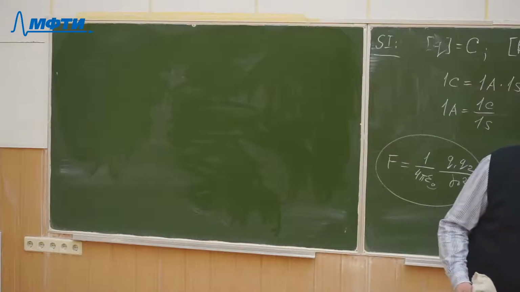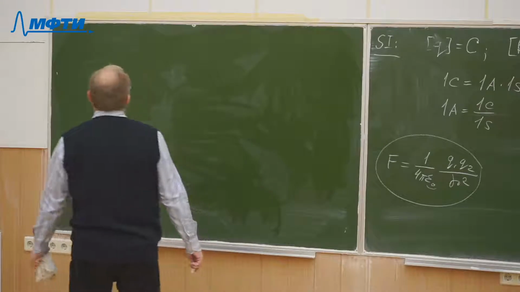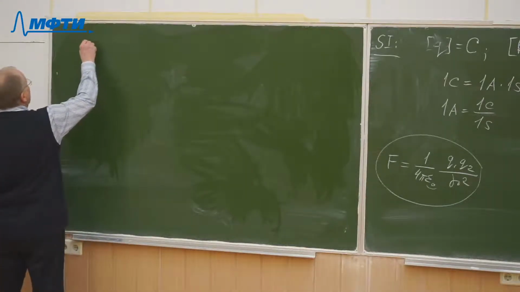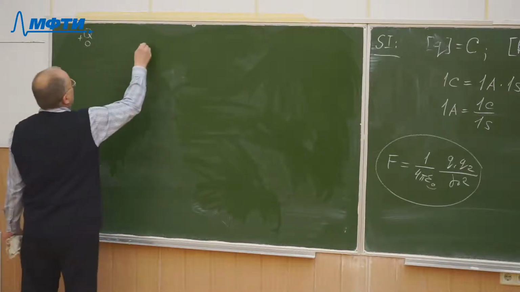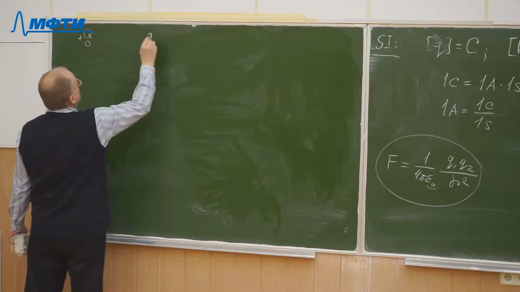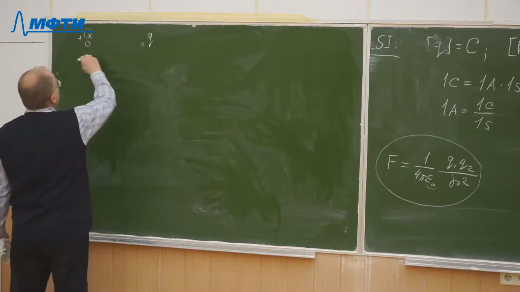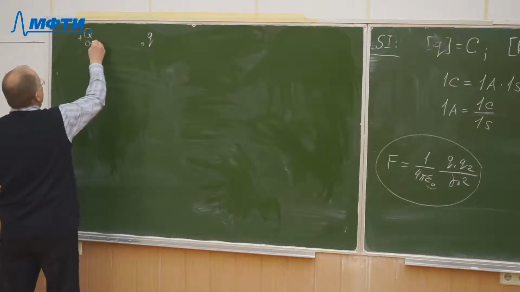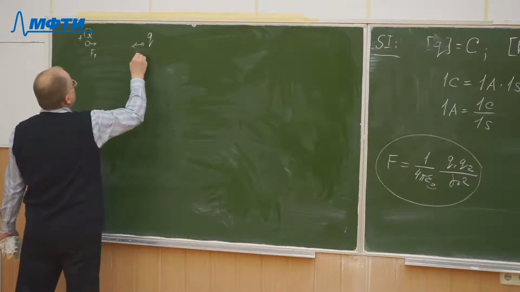Now the next thing we have to discuss is an electric field. If 2 point charges interact, like charge plus Q and another charge Q, there is some force acting on the first charge, and there is some force acting on the second charge.